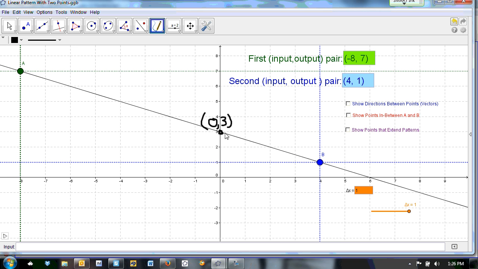So when we write our rule, we know b is 3. So y equals some difference times x plus our 0th term b, which in this case is 3. Now we just need to find our difference, and we'll take that times our variable, and then there's our equation.